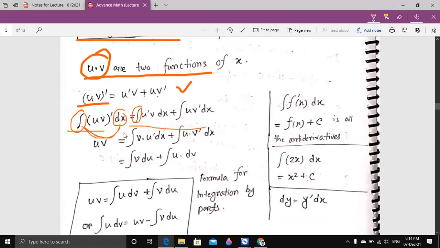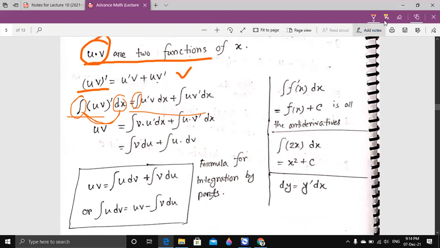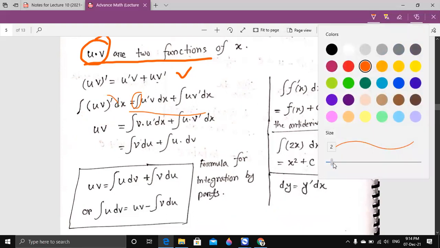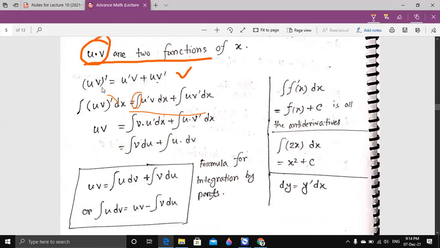And now we need to calculate the value. We know that integration and differentiation are opposite to each other, right? So we can just cancel this derivative and integral sign.